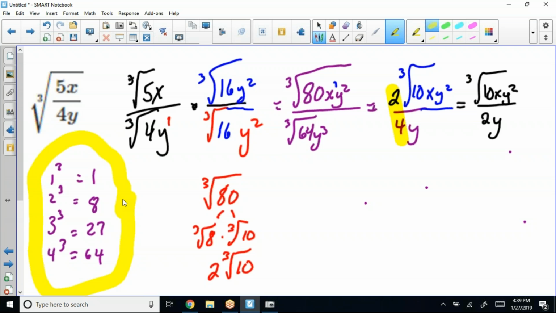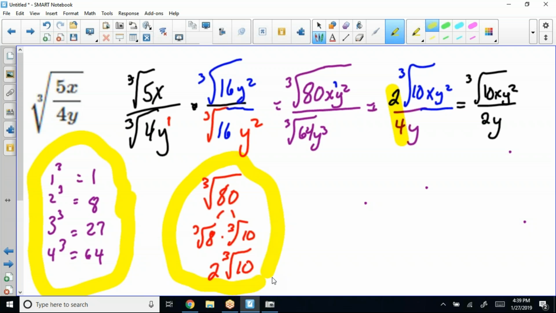So instead of multiplying by the cube root of 16 y squared, you could have done 2 cube root of 2 y squared. That would have made it a little less complicated, because 4 can go into 8.